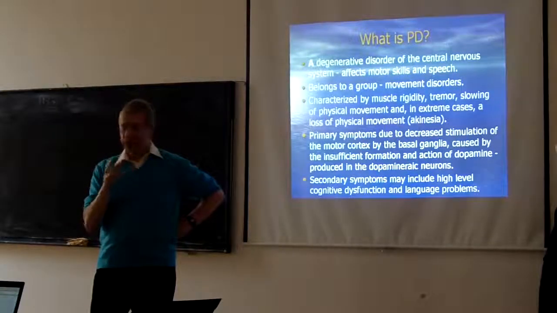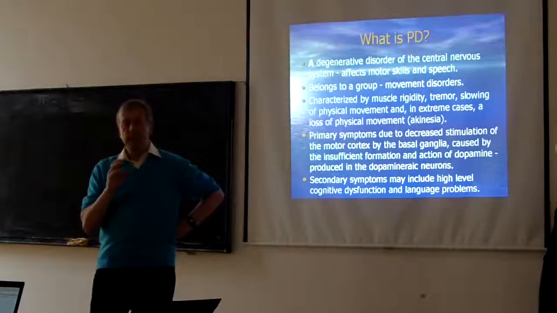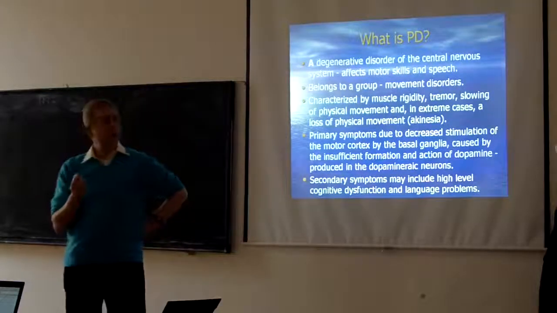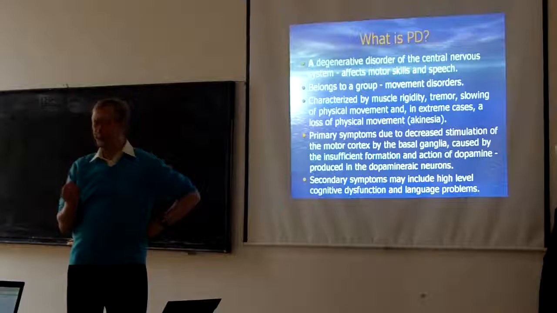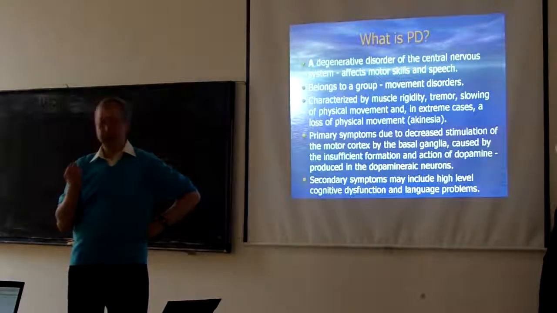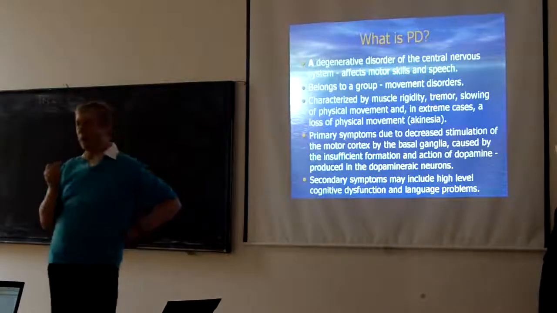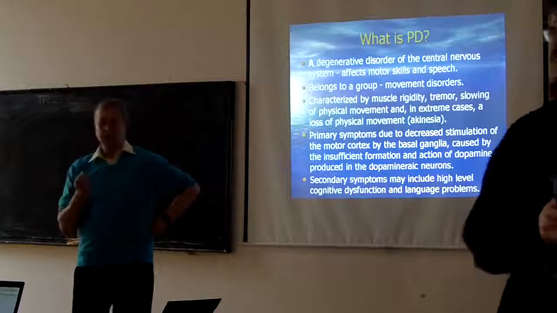And the akinesia, loss of physical movement, is best seen now in English in the film Awakenings. I'm not sure what the title is in Czech. It's based on a book by Oliver Sacks.